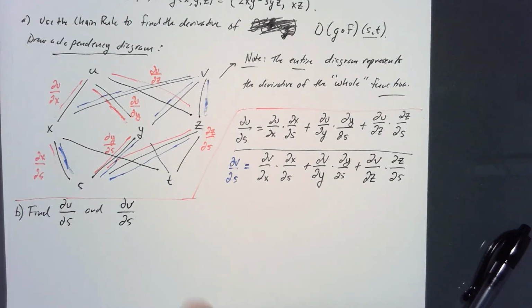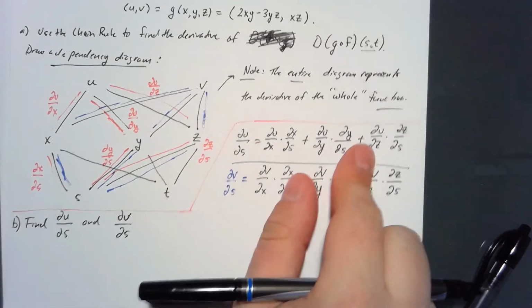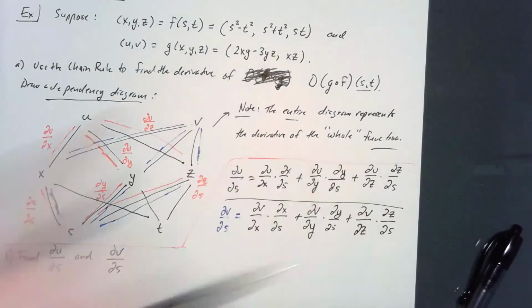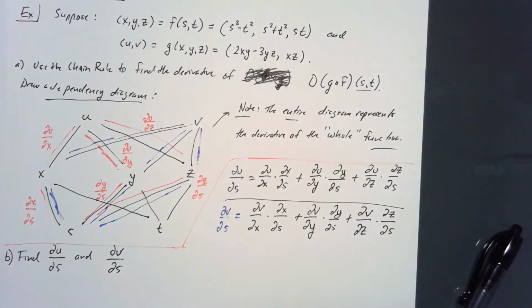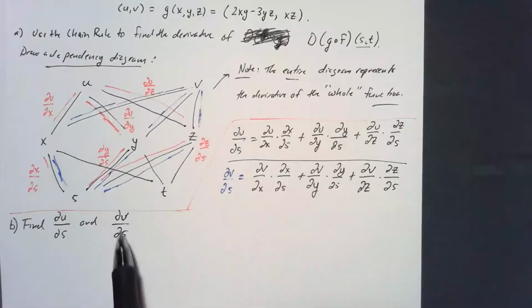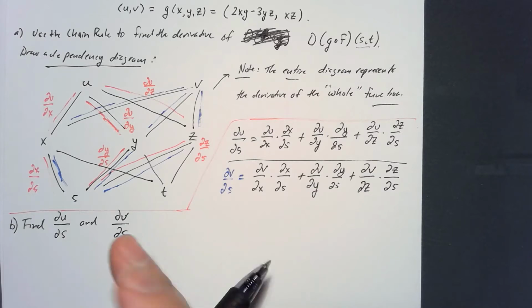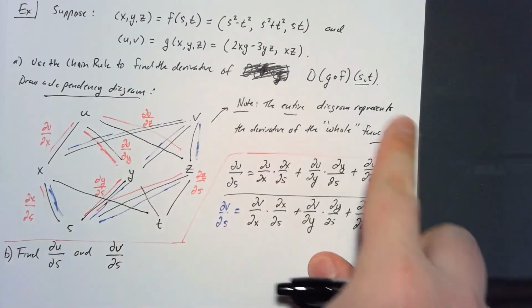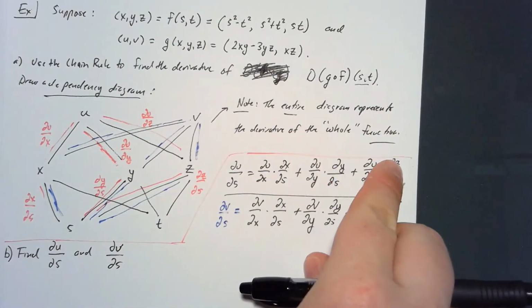That's how you find the expressions for them. But since I gave you explicit functions, you have to actually find them. So I'm not asking you to find an expression. I'm asking you to compute the partial of this and the partial of this. Now, the entire diagram represents the derivative of the whole function.